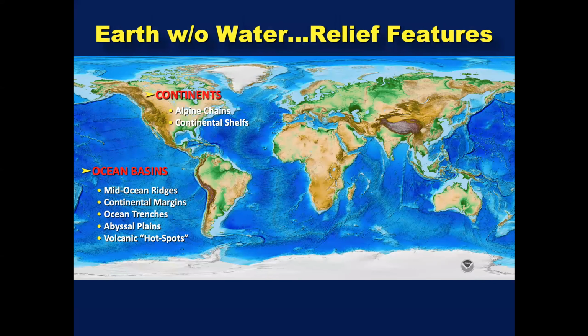And here's an example of continental crust versus oceanic crust. Continental crust has alpine chains and continental shelves, whereas the ocean has mid-oceanic ridges, continental margins, trenches, and volcanic hotspots.